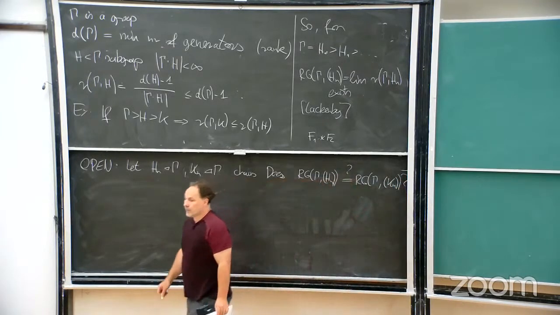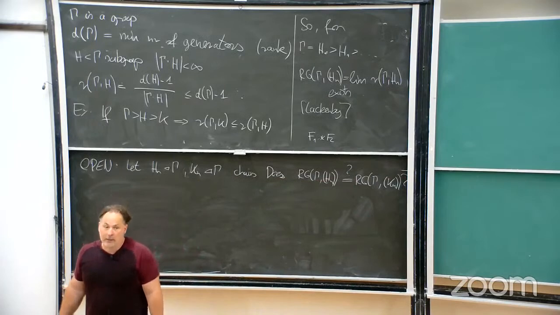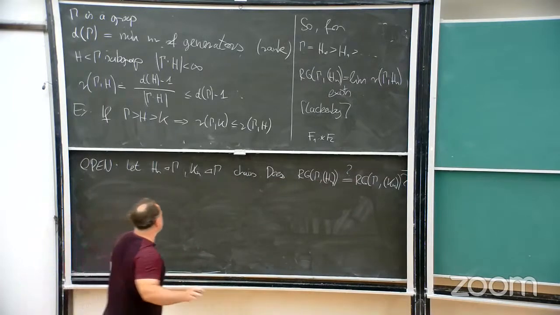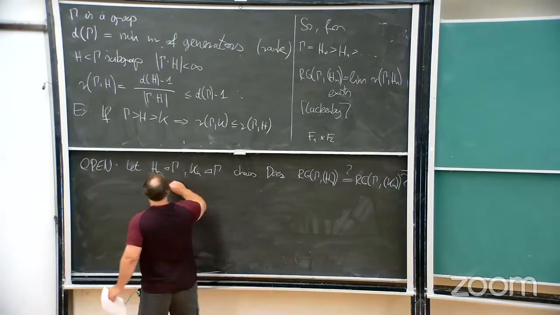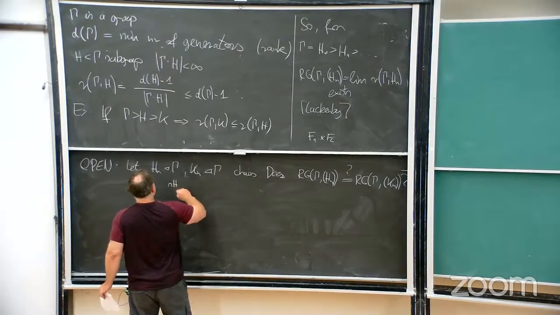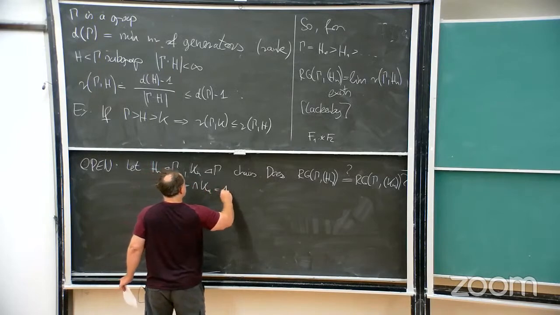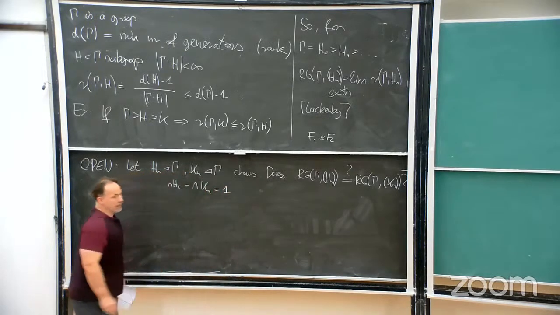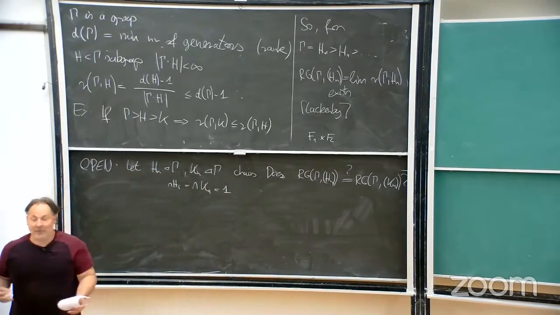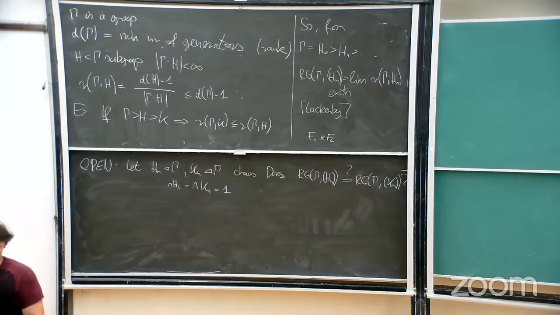So assuming that both chains are normal and they have trivial intersection, I didn't say that, the intersection of Hi equals the intersection of Ki equals 1, okay? So they both approximate the group by finite quotients. Can the rank gradient still be different?